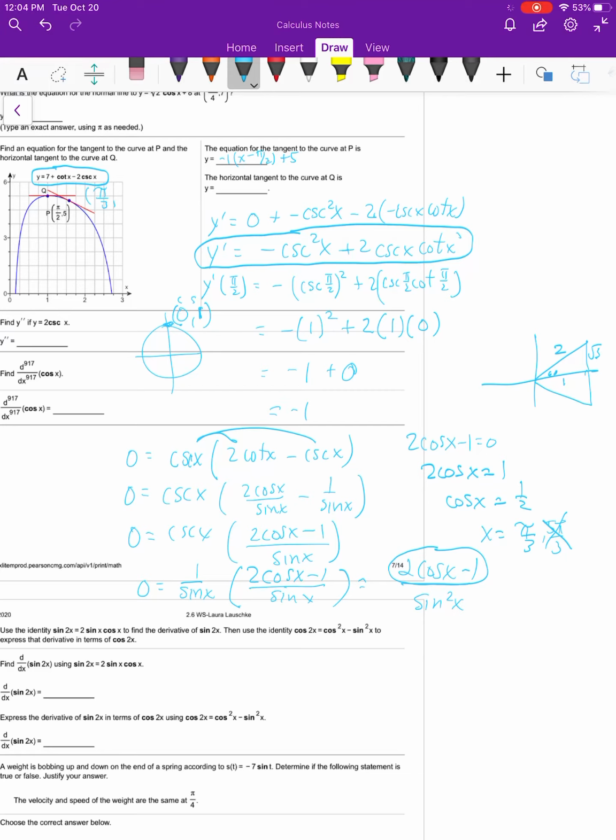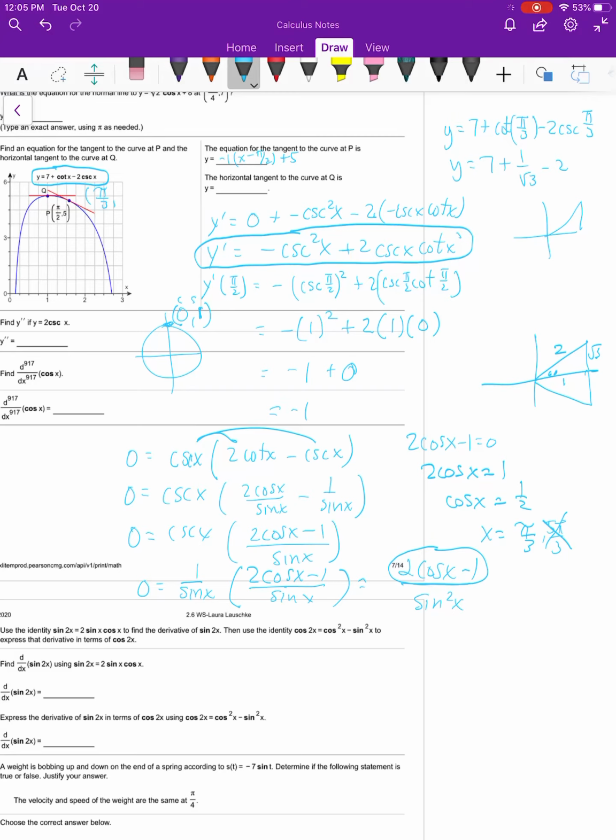I don't know if it's going to end up being 5, or you would put this into your y: 7 plus the cotangent of pi over 3 minus 2 times the cosecant of pi over 3. And we said, oh, it's right here, 60 degrees. The cotangent was 1 over the square root of 3.